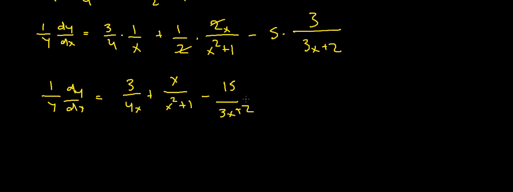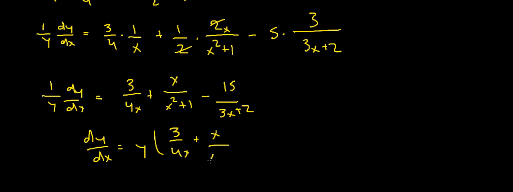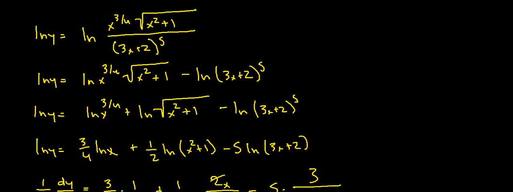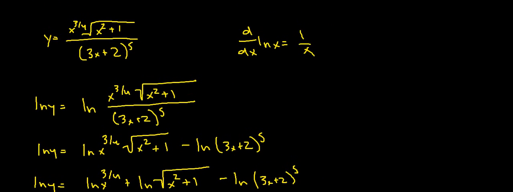Okay. So now I need to isolate dy/dx, and I'm going to do that by multiplying y over to this side. So it'll be equal to y times all of this. What I need to do is go back to my original problem and see what my y is. x to the 3/4 square root of x squared plus 1 divided by 3x plus 2 raised to the 5th.